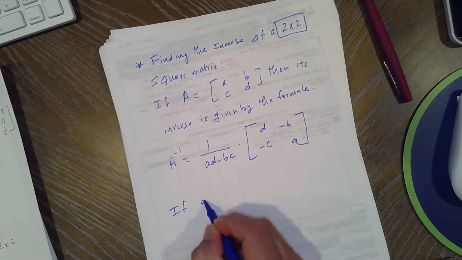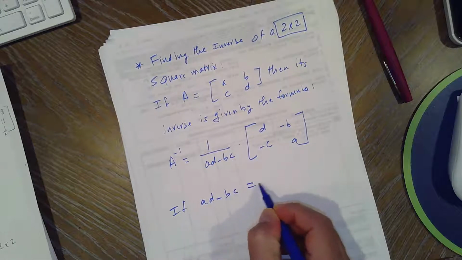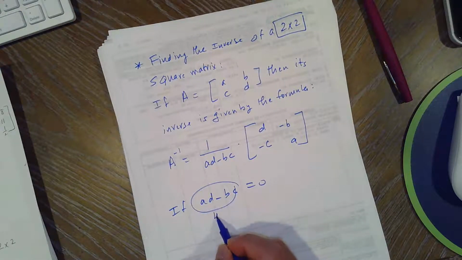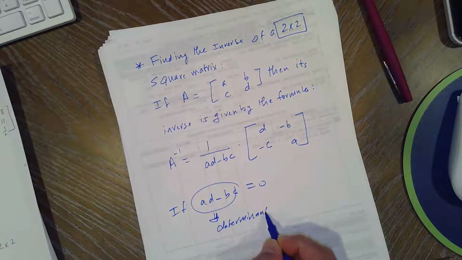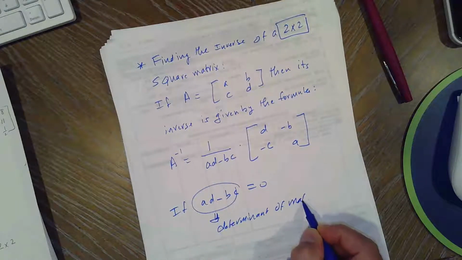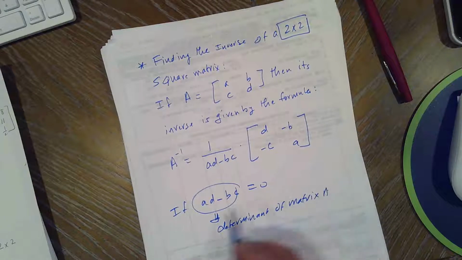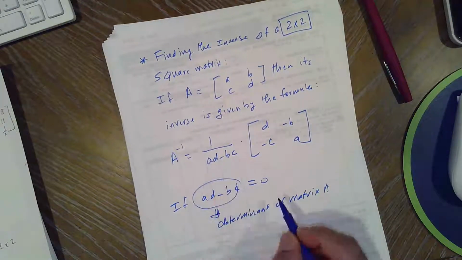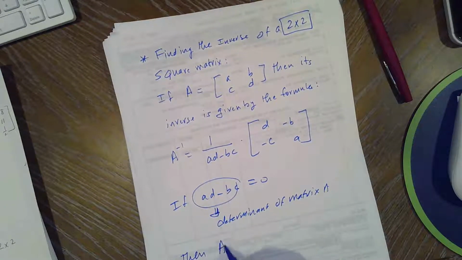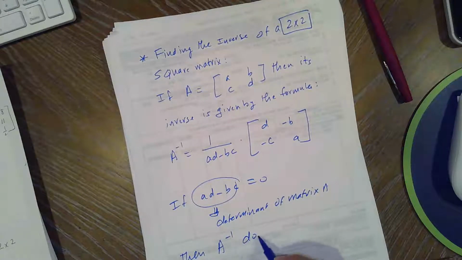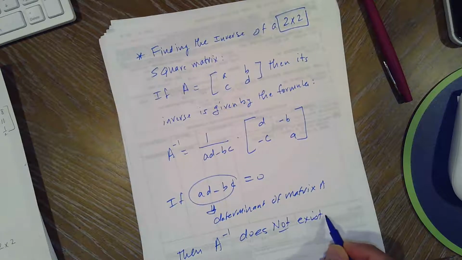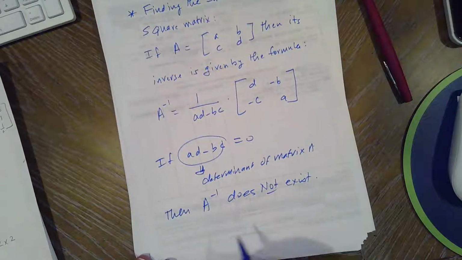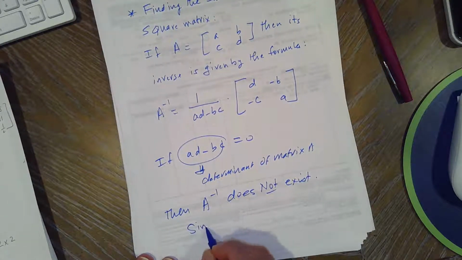If AD minus BC equals 0, this is, by the way, called the determinant of matrix A. If that quantity is 0, then A inverse does not exist. We say we have a singular matrix.